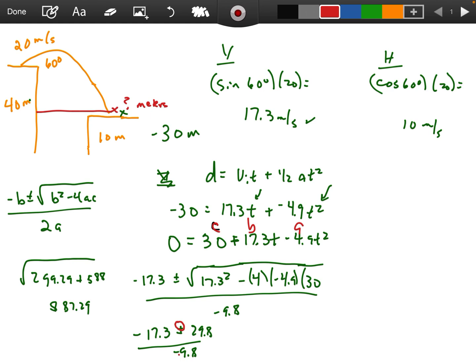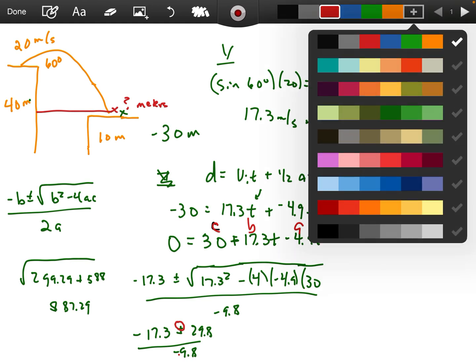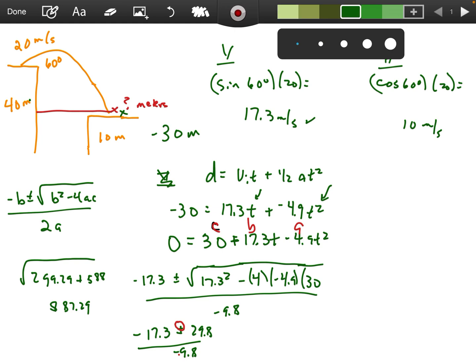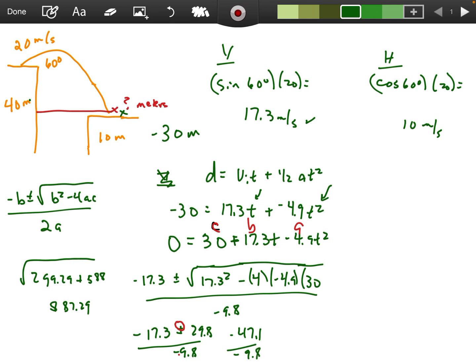That would give you a negative time. So usually it's going to be the minus one. The difference of negative 17.3 minus 29.8 is going to give you negative 47.1 divided by negative 9.8. That is 4.8 seconds. So that's how you find the time in the vertical.